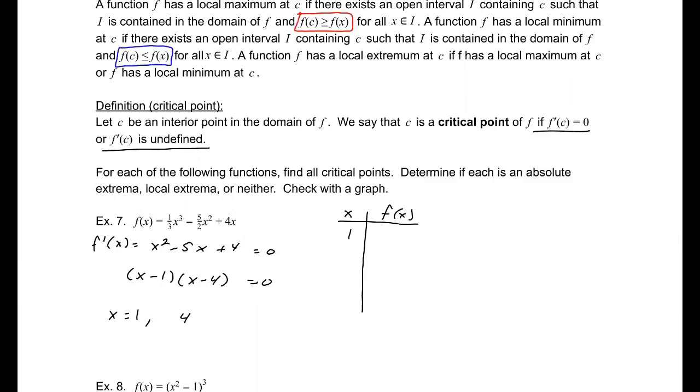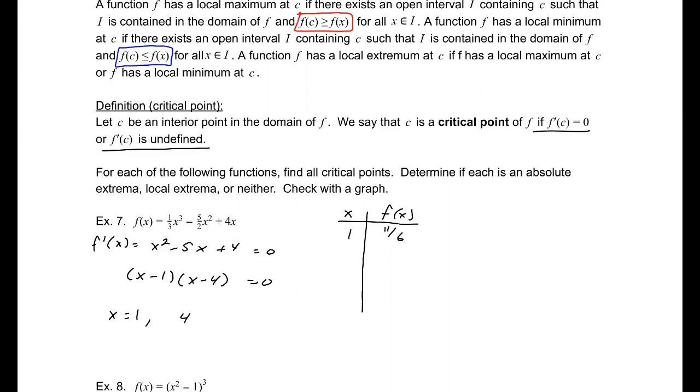I'm going to plug that back into the original function. 1/3 times 1 cubed minus 5/2 times 1 squared plus 4 times 1 is 11/6.